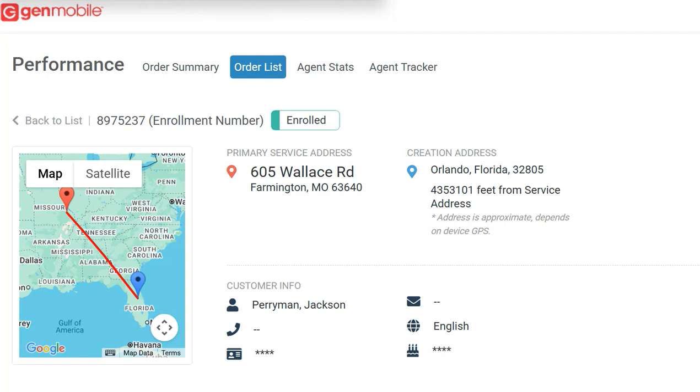People are looking at where you are when you do an activation, comparing it to where you should be when you're doing the activation. If you've been doing this, you've probably been going along thinking nobody's looking at that, and it's working out, and all you're doing it for is the customer and all that stuff.